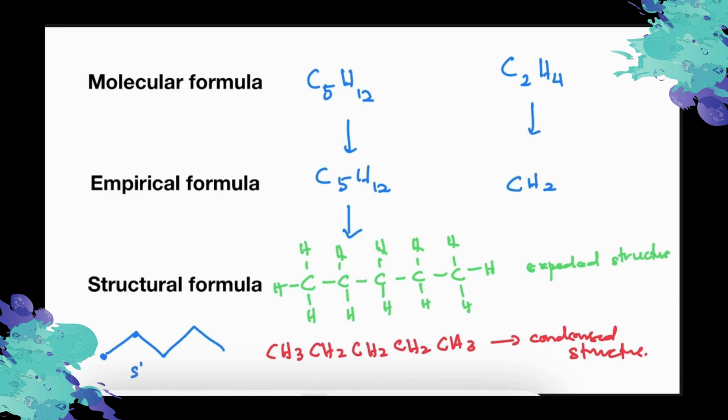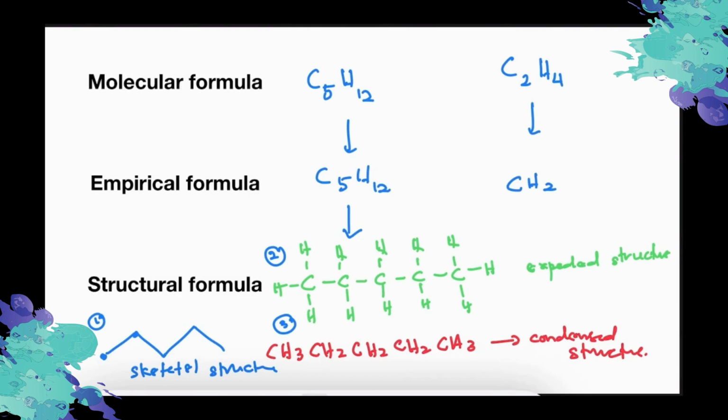This is skeletal. This is number 1, this is number 2, and this is number 3. So the structural formula can be represented in 3 different ways, either expanded, condensed or skeletal. Right? So this is the difference.